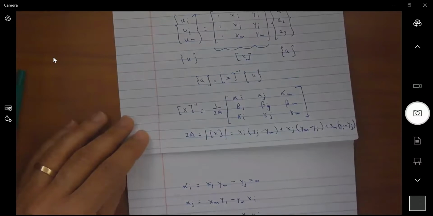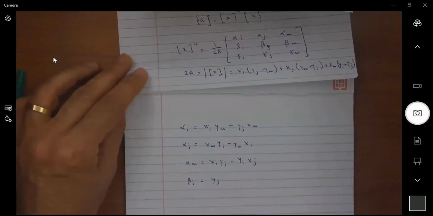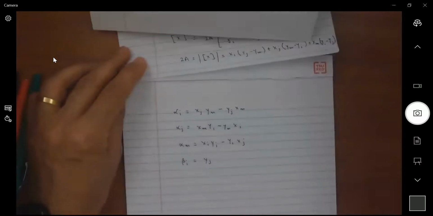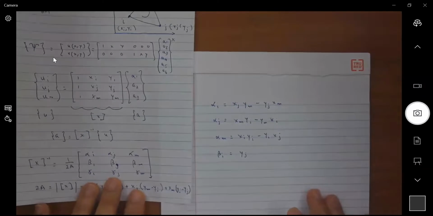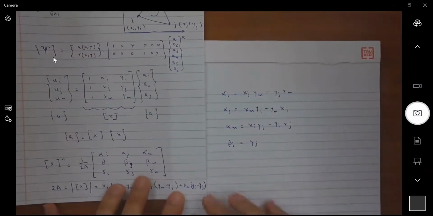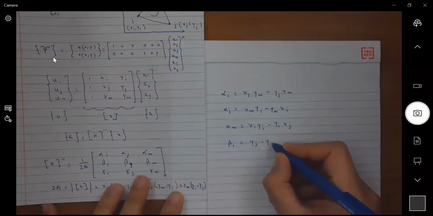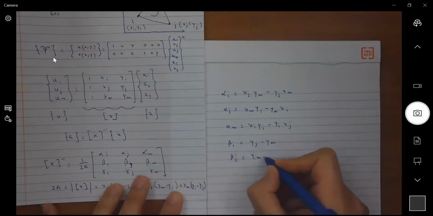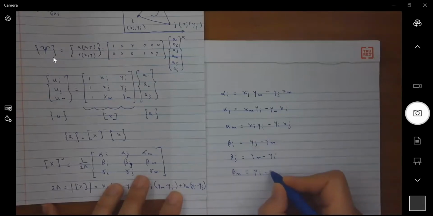a beta I that is equal to... So beta I is equal to Yj minus Ym, beta J equal to Ym minus Yi, and beta M equal to Yi minus Yj.